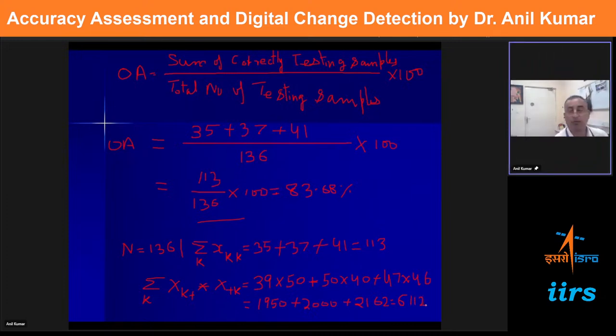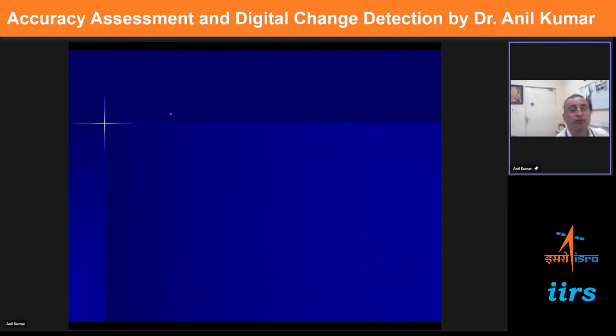Now we can put all these values in the formula for the kappa coefficient. I'm not writing the formula, so I'm just writing n, that was 136, into the diagonal sum, which was 113. Then minus the row and column total that came to 6112.